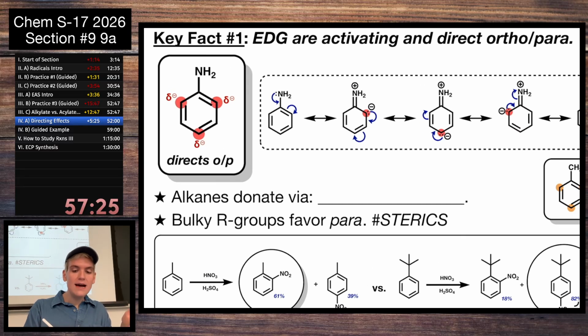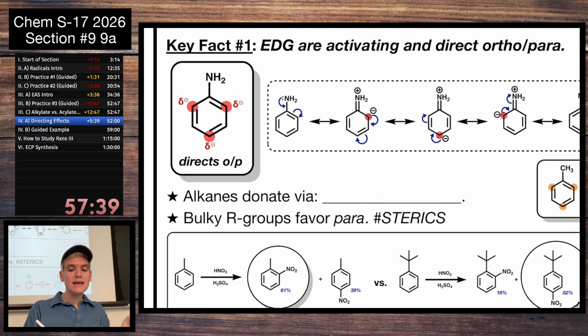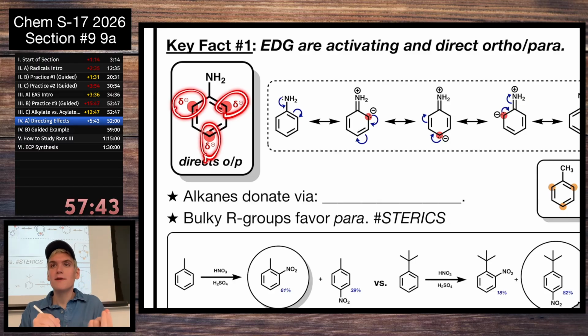So if we have an electron donating group like this NH2, this can donate via resonance, right? It can push electrons literally into the ring. And if we look at the resonance structures, we're basically hopping around a negative charge. And so what we get is there are 3 carbons here that are kind of electron hotspots.